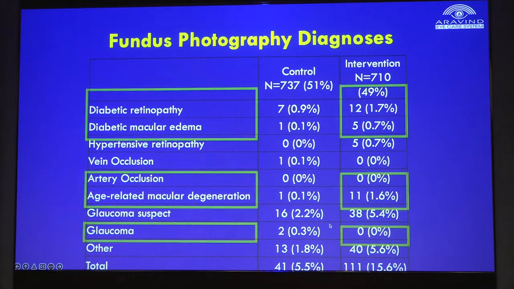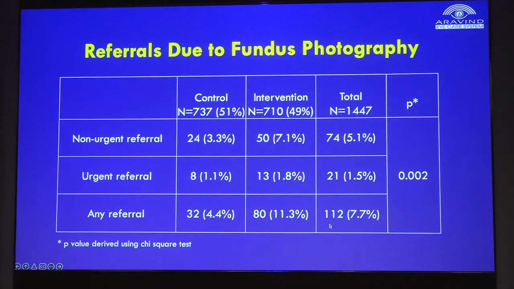So there was a significant increase in some of the cases, and we also found that the significant increase was in the non-urgent referrals, which is like mild NPDR, moderate NPDR, early glaucoma changes. The urgent referrals, where they already had a visual disability, weren't a big difference.